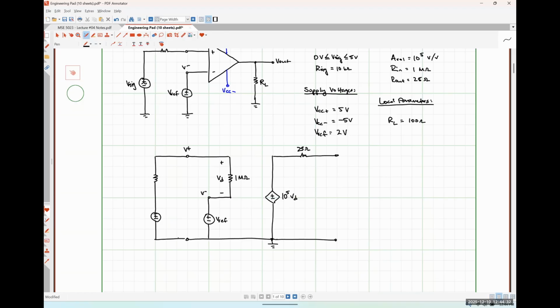I'm still just going to label this V sig since it can change values. We'll talk about that in a moment. This is going to be that 10 kilo ohm signal resistance.